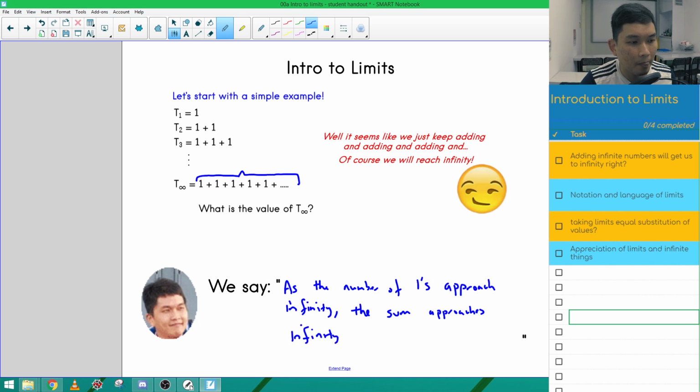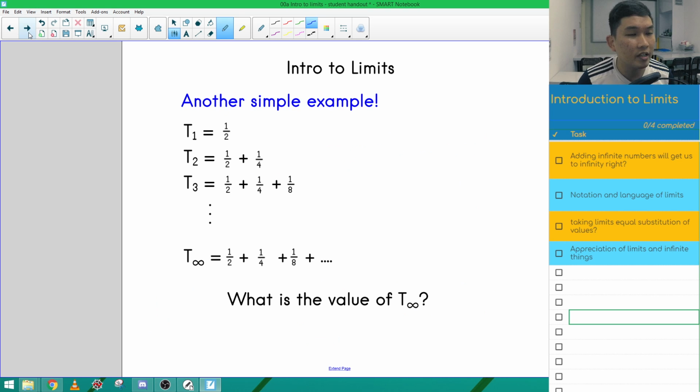Again, you see the word approach. You might have some idea why we use the word approach, but let me go through another example before I explain why. You'll truly understand in this next example. Let's look at another simple number pattern. In this case, pattern number 1 is just half. Pattern number 2 is half plus 1/4.